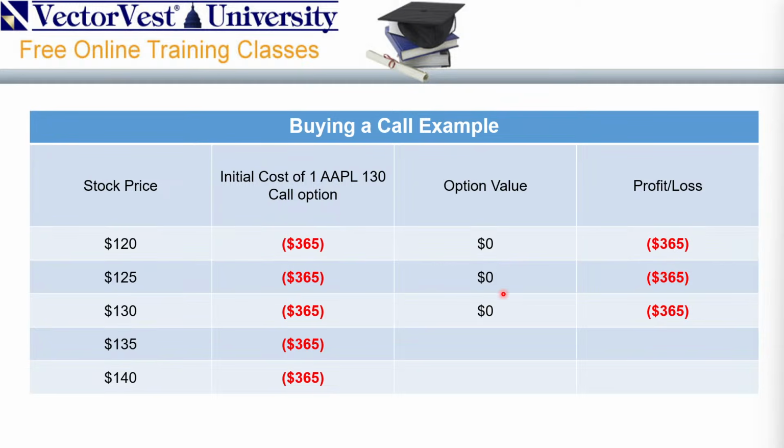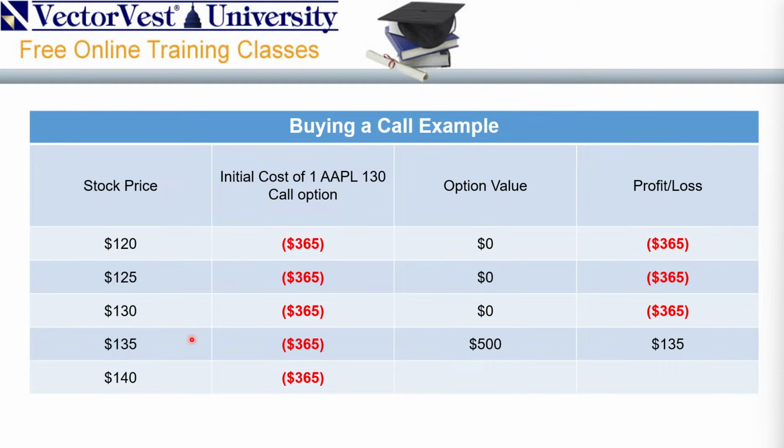But then let's say the other scenario, Apple goes up. Now it's up at 135. That means there's $5 of what's called intrinsic value. Your option is now worth about $5 a share, because you have the right to buy Apple at 130.